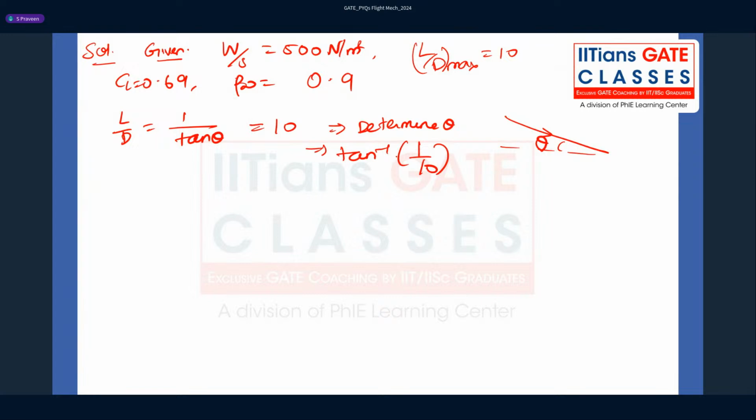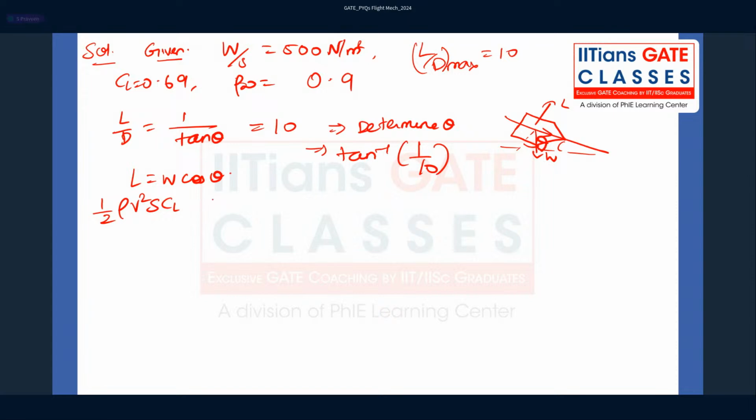Get the value. Next, in a glide, let's say you have an aircraft like this. Your lift is like this, your weight is like this. So the lift is equal to W cos theta, correct? Lift is half rho V square S times CL.